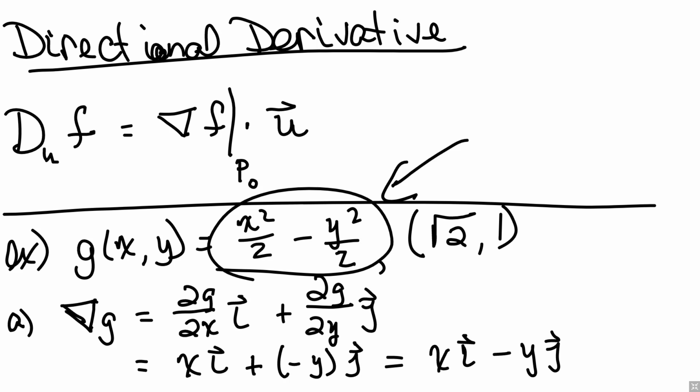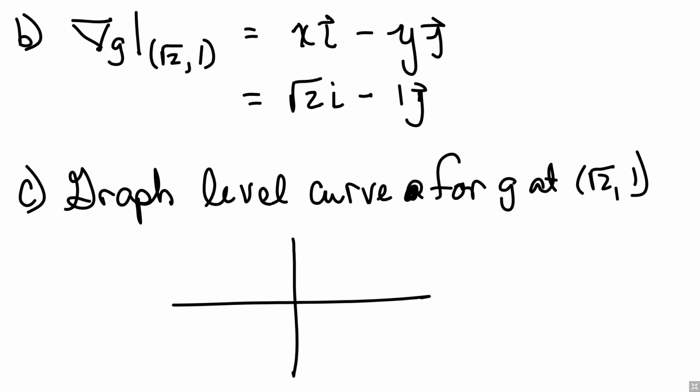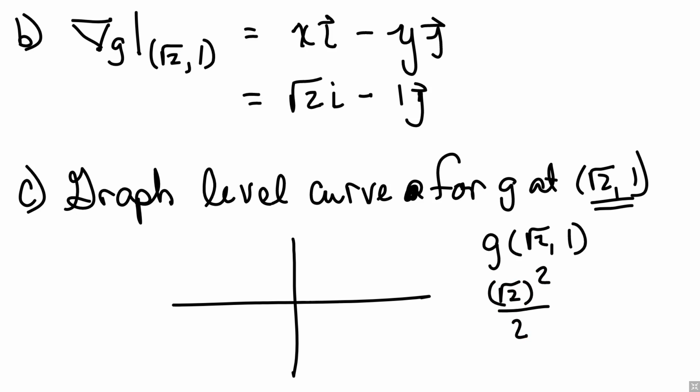So if we take a look at this, what we're going to end up having is this. If we plug this point in, g of square root of 2 comma 1, we're going to have the square root of 2 squared over 2 minus basically 1/2.